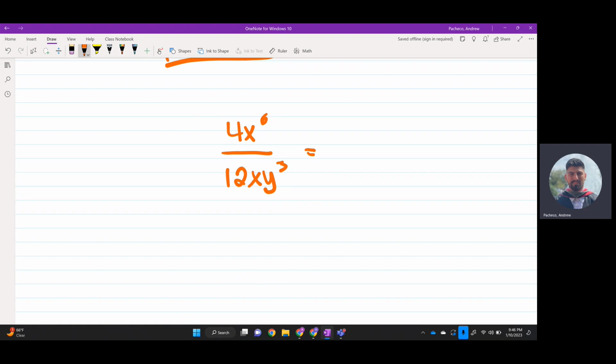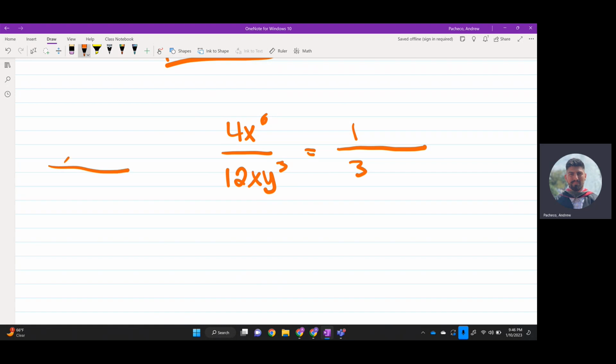First I'm going to simplify my whole numbers. So 4 divided by 12 will simplify to 1 over 3. If I divide the top by 4, divide the bottom by 4, I get 1/3. That simplifies. And then I have x to the 6th power and then x.